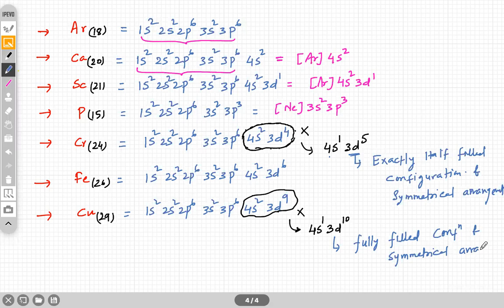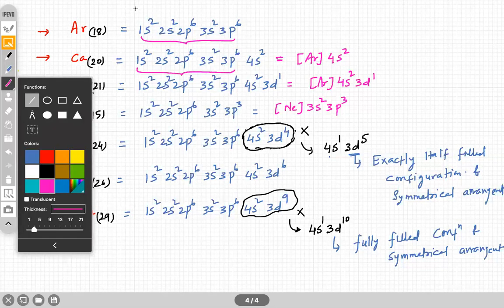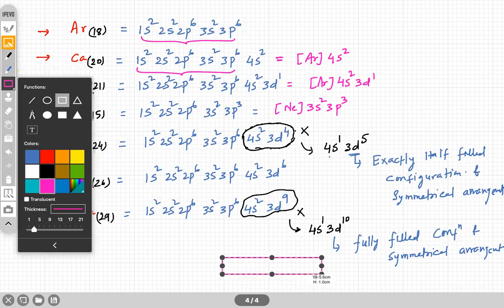Symmetrical arrangement means symmetrical arrangement of electrons in the orbitals. Like if you draw 3d10 configuration, all the orbitals are fully occupied, completely filled.